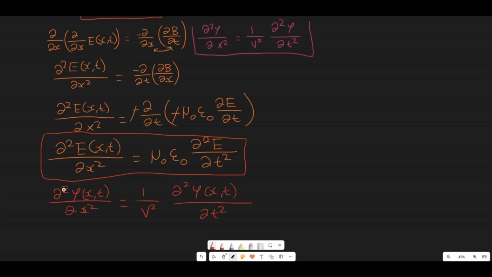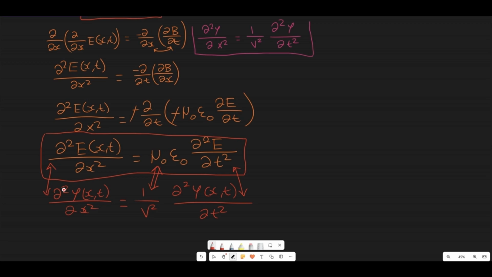And we can start equating things. On the left-hand side, we have a component that is second order in space derivatives and second order in time derivatives, so these two match. The only things that do not match are these coefficients.